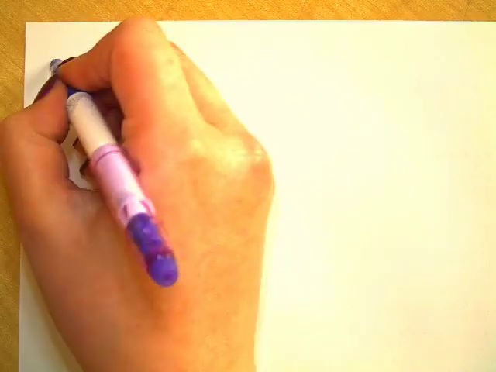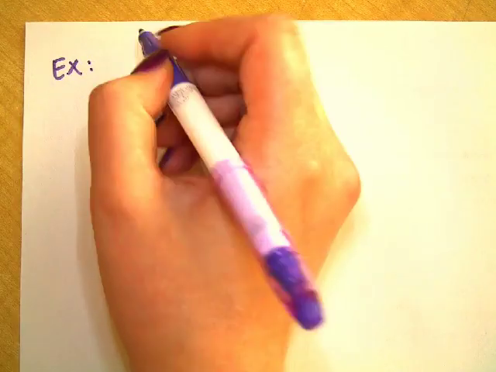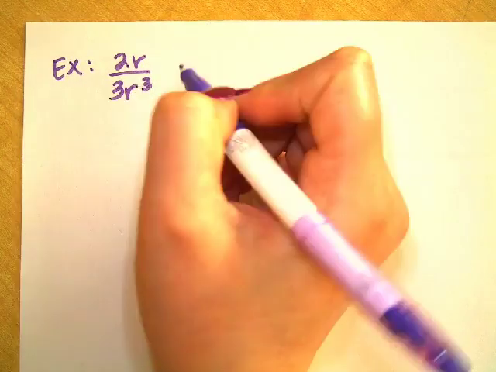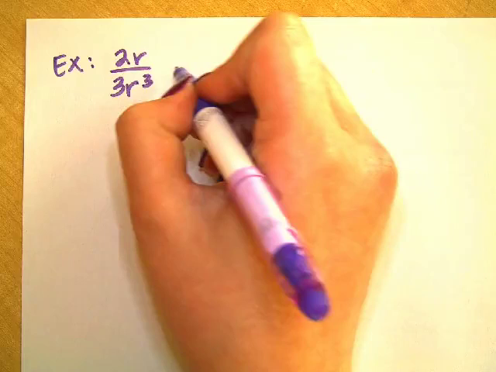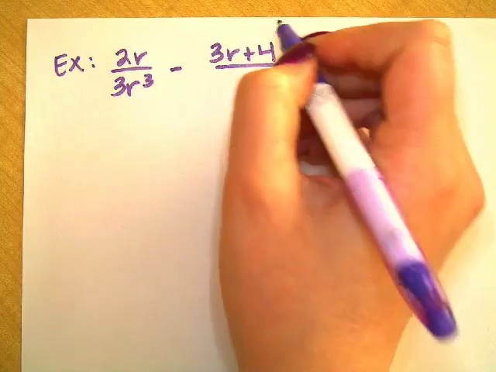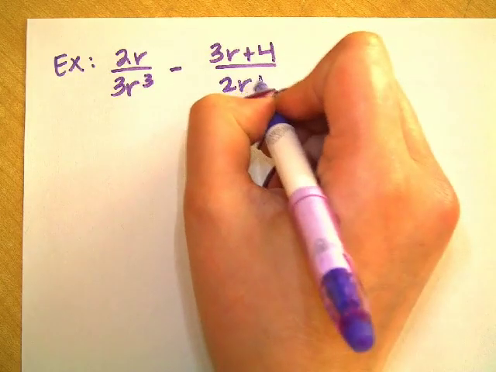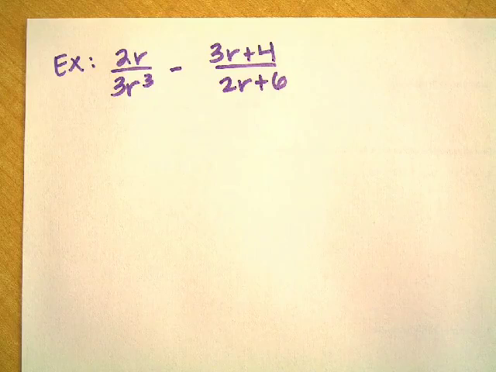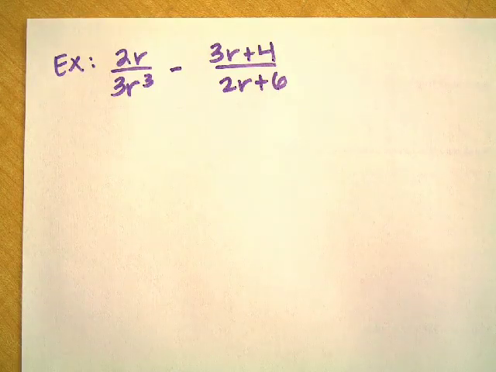Okay, so for this one, we're going to do 2r over 3r cubed minus 3r plus 4, and 2r plus 6. Ugh. Gross.